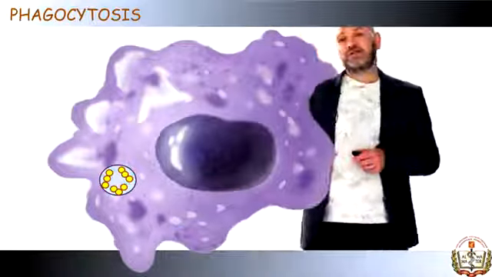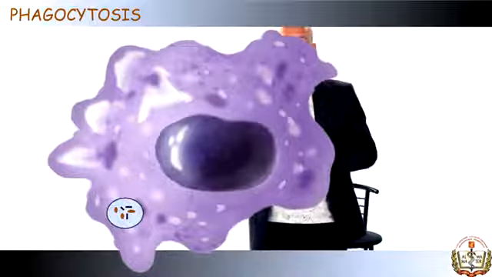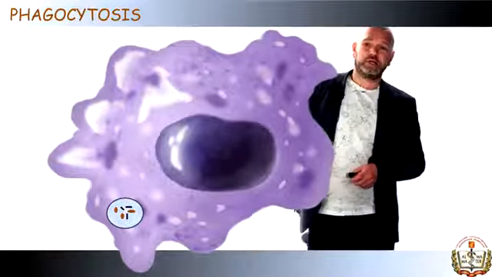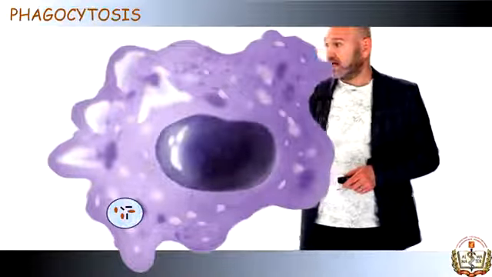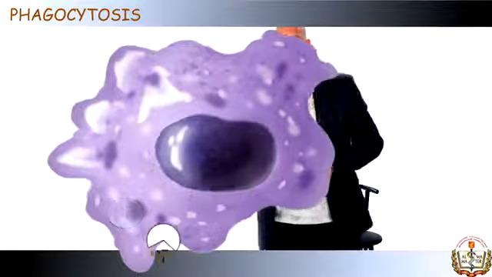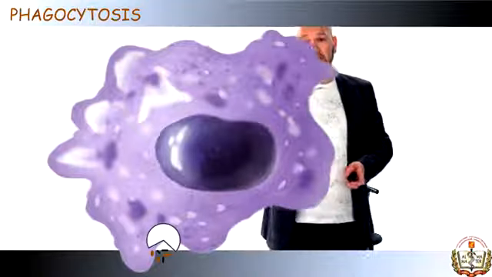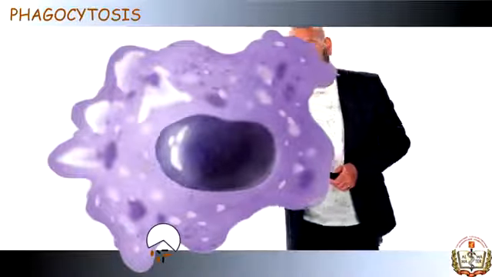And after digestion, in the sixth stage, formation of the residual body. The remaining indigestible debris will be formed, and of course the cell needs to remove it. In the seventh stage, all waste materials will be released outside of the cell into the environment. So that process of phagocytosis is well known to you.